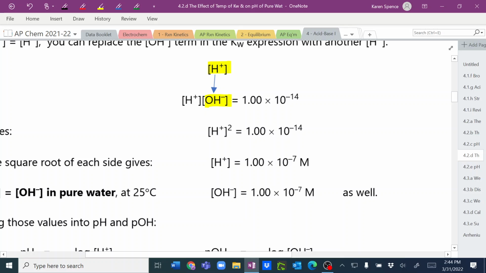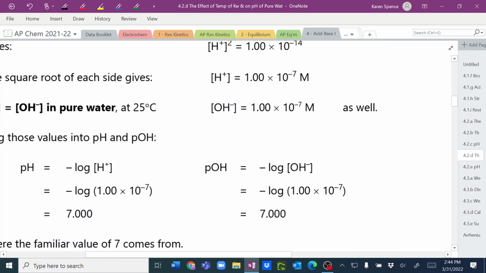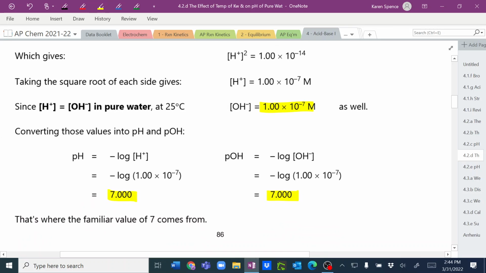And then if you take the negative log of that, what do you get? 7, yes? And pOH will be 7, and hydroxide will be 7, because everything is equal when you have pure water, right? Okay. So that's where that pH of 7 being neutral comes from. Everybody's 7, 7, 7.